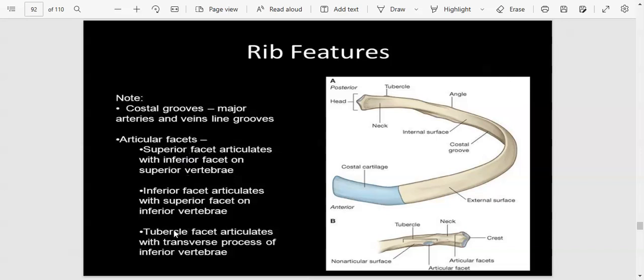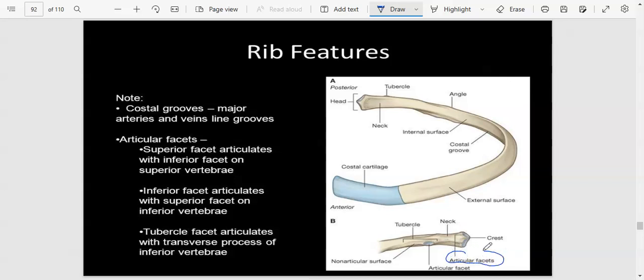Okay, you have got a superior facet, which is going to articulate with the inferior facet on the superior vertebra. So where is that superior facet? On this diagram, we can't even see it clearly, but we have got these articular facets.